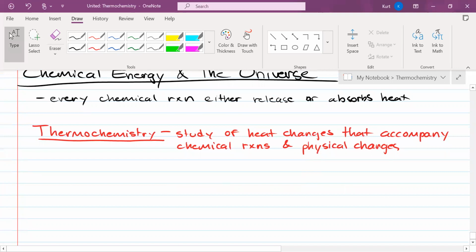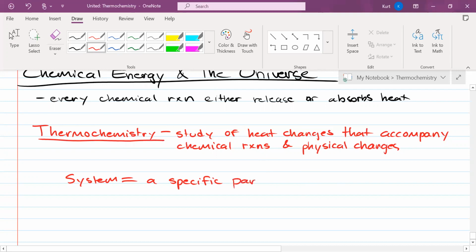Well, in chemistry, we have three facets of how heat is exchanged. We have the system, we have the surroundings, and we have the universe. The system is a specific part of the universe that is either absorbing or releasing heat.